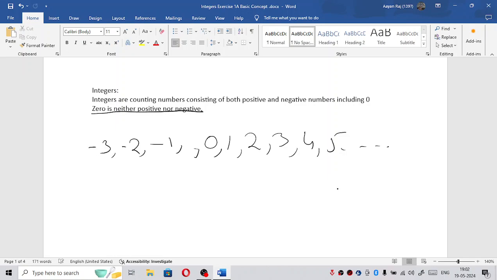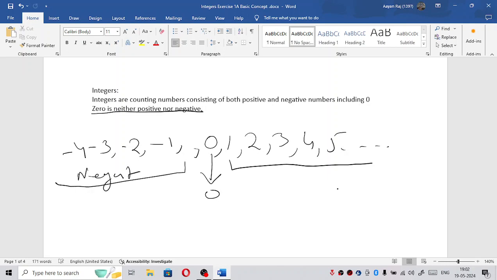If you go to the right-hand side from 0, it is whole numbers, this is natural numbers, and these are negative numbers, minus 1.